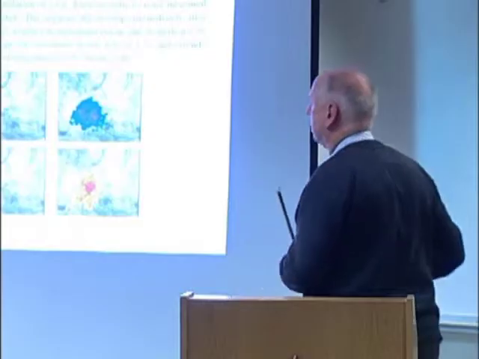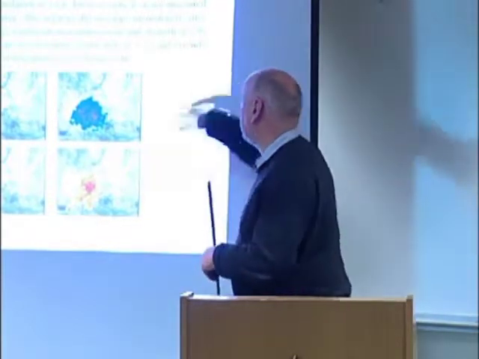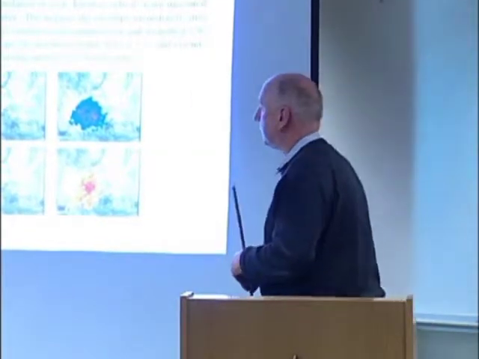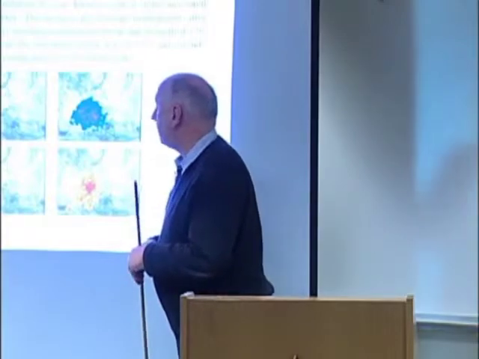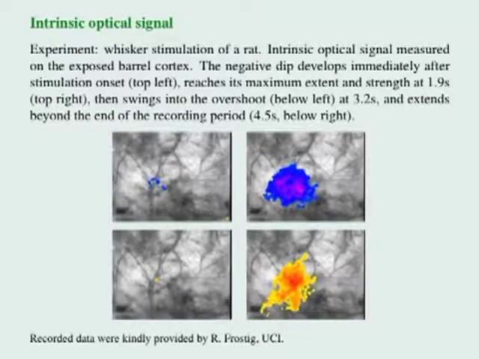That is essentially the end of the recording period. It goes on and still gets stronger. What I would like to draw your attention to is that this negative dip develops immediately with stimulation onset. So while the stimulation is still on, we see this negative dip over here.